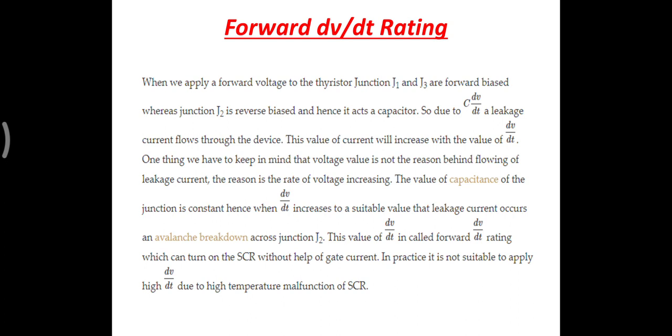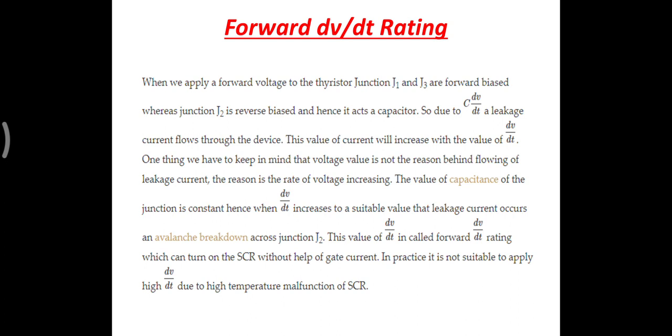That means if leakage currents are increased, this dV/dt is also increased. So depending upon this dV/dt only, this leakage current will depend. So if there is a high dV/dt rating, there are large leakage currents flowing. So overall this dV/dt rating increases the temperature at junction J2.